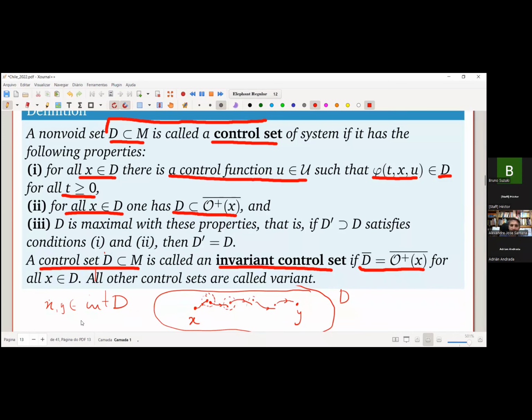In the control set, in the previous definition, we need to go from x to y directly. And in the chain control set, it's allowed to do this using these jumps.